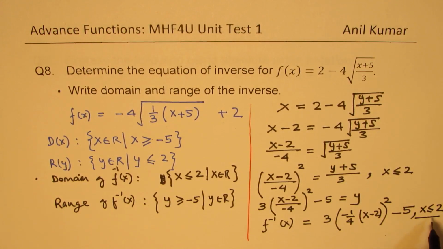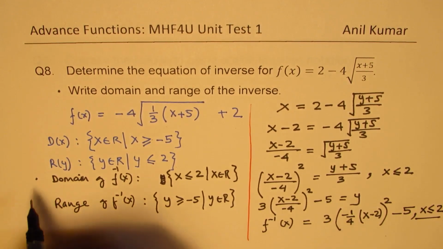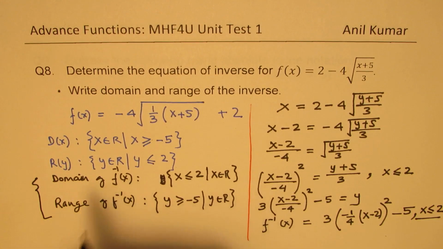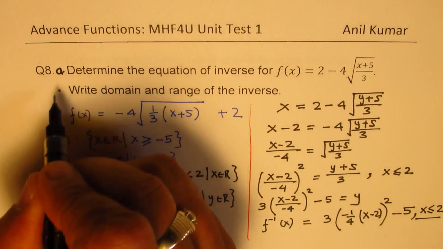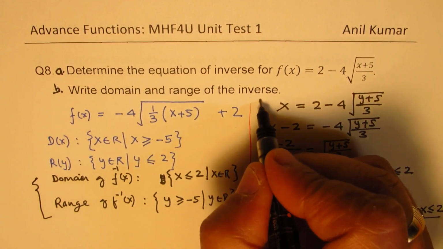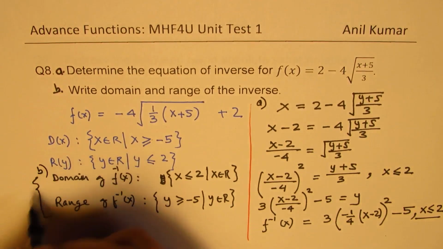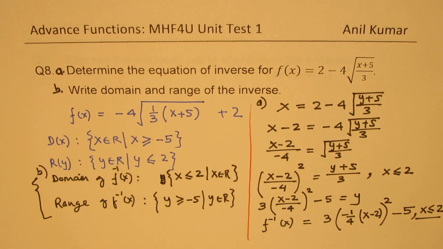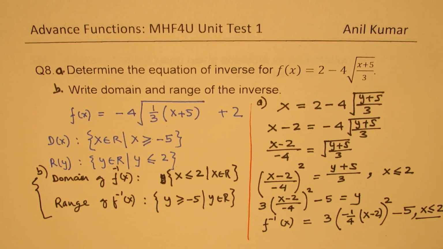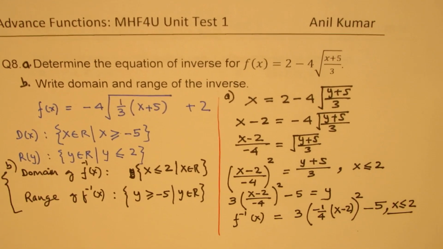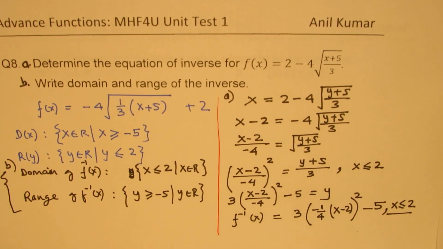This is important to write. Once you have this, then you're correctly defining your inverse function, and this becomes your domain and range. So let's say this is part A and this is part B. We have written domain and range first. However, it's very clear from here that unless you write that x is less than or equal to 2, the answer is not complete, right? You will not get the domain which you wrote initially. Perfect.